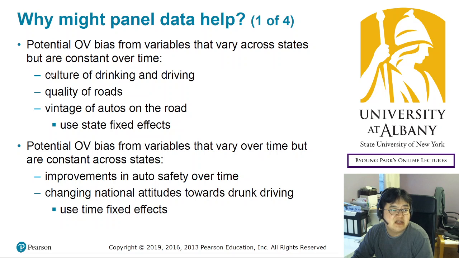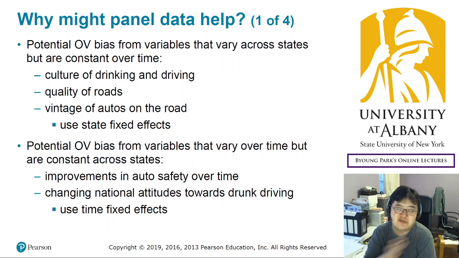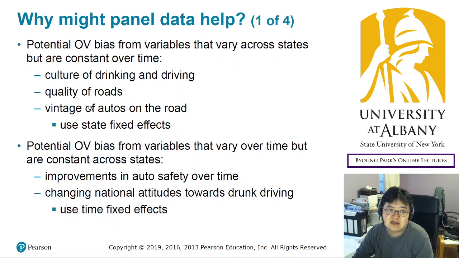These unobserved characteristics are specific to a state, and they do not change over time. Even if they change, it must be pretty little relative to the other variables we are interested in. So these variables can be handled by the state fixed effects.